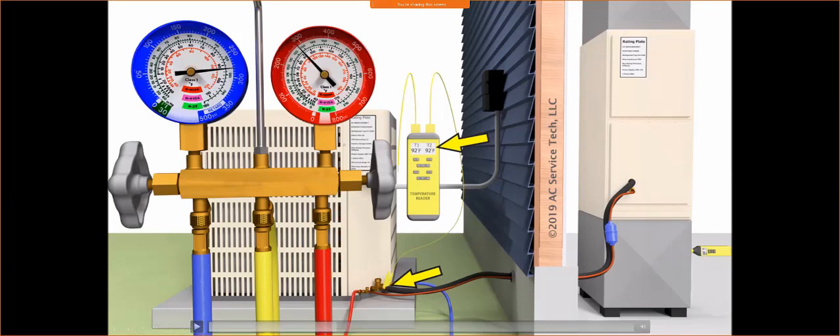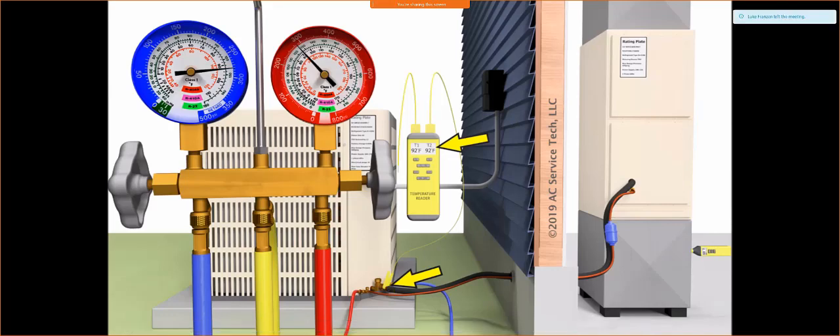So the other cool thing about this illustration is you guys see how this vapor line, the blue line right here that he's going to be connected to, is all insulated. All right, it's all insulated going all the way outside to the condenser. We don't want to absorb any additional heat because that's going to throw our system off.